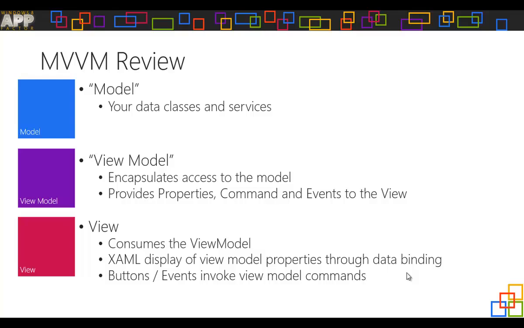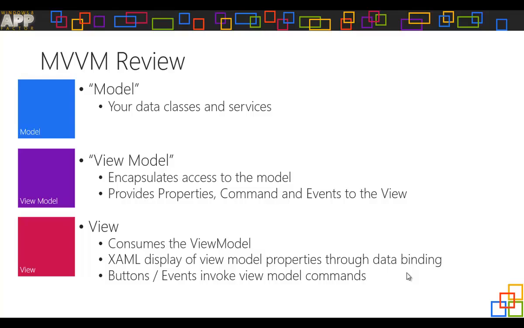MVVM stands for Model, View, View Model, where the model is really the data classes and possibly the services that help us manipulate that data, maybe calling into web services or data stores, whatever. The view model encapsulates that model data and adds additional features required by the view, like events and commands and other public properties. And then the view is the actual user interface layer.